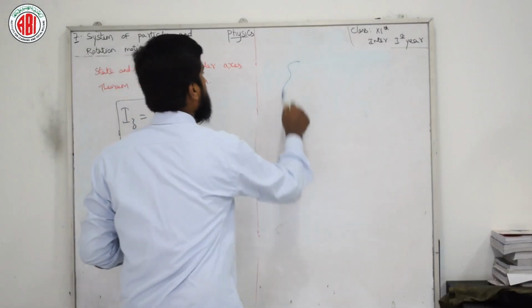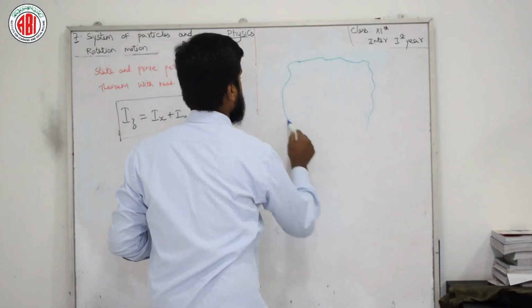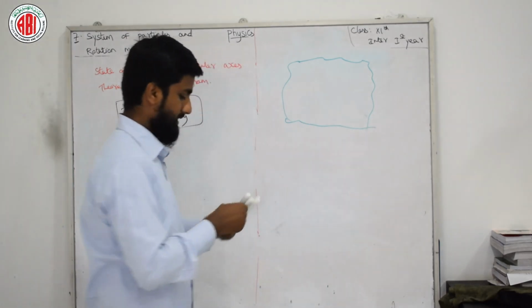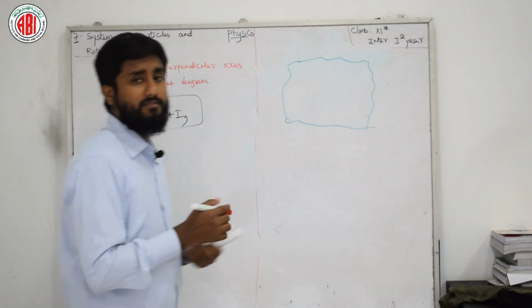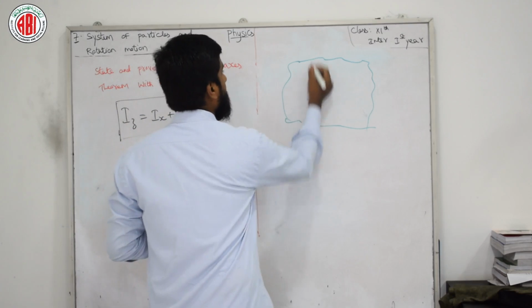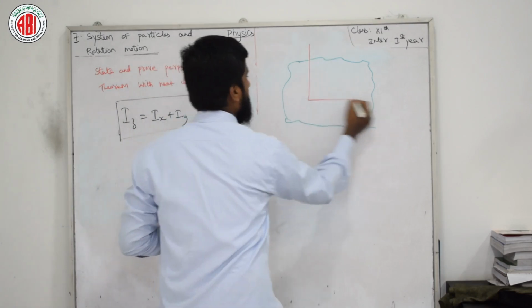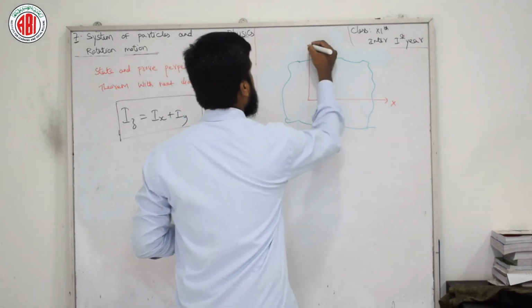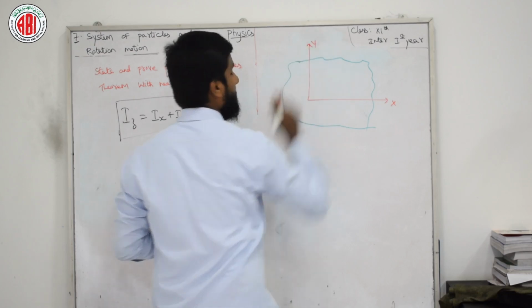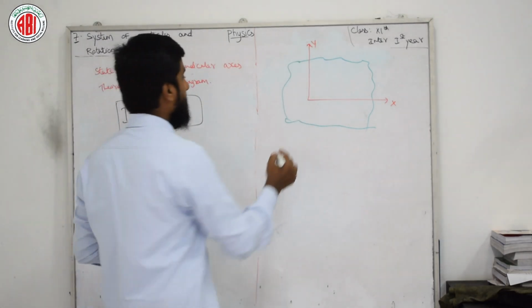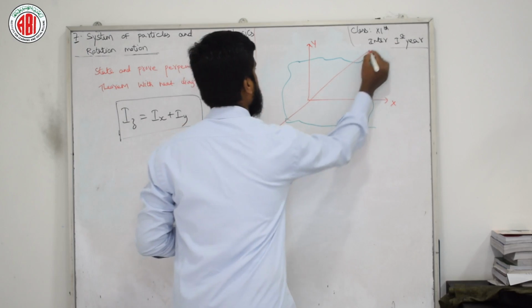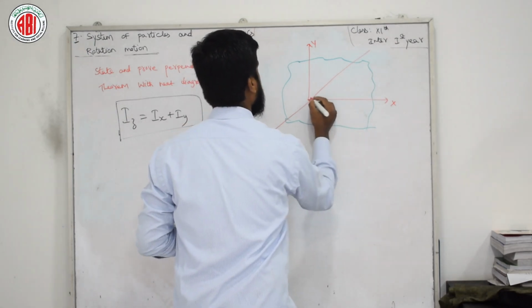Now I am considering a plane here, we can say this is a plane we have, isn't it? Now we have two axes: x axis here and y axis here. Next we are considering one more axis, the z axis, which is going from this point.